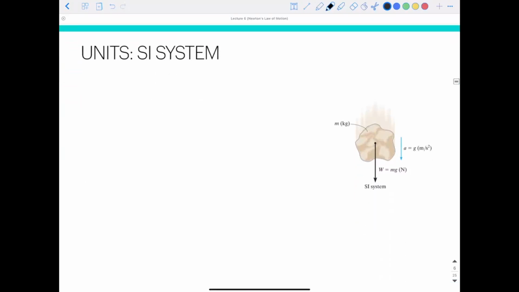So we have two systems that we can use. These are the two major systems anyway. The most common one is the SI system, where we have mass as a base unit and weight as a derived unit.